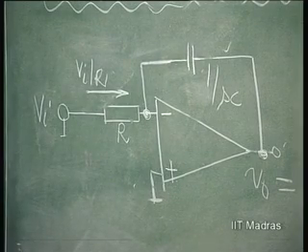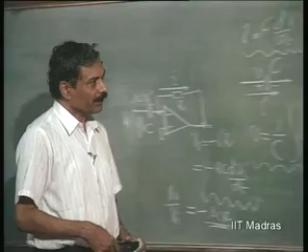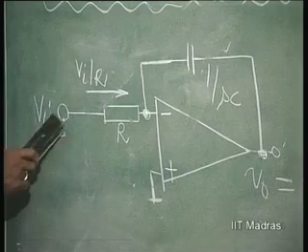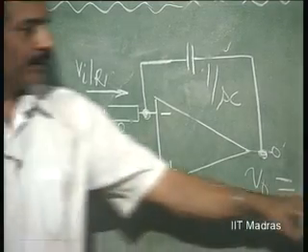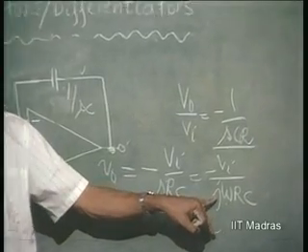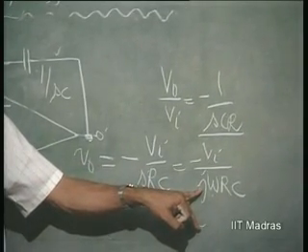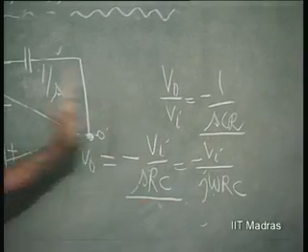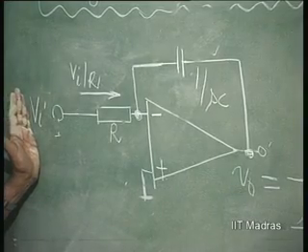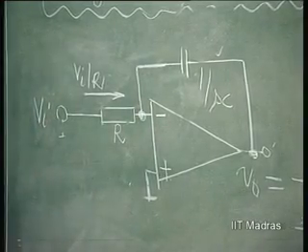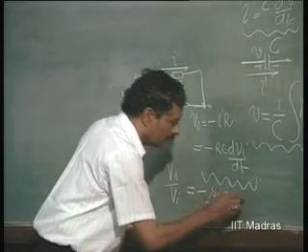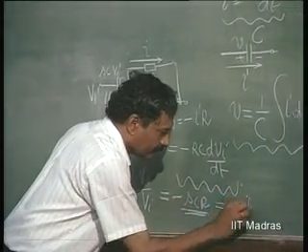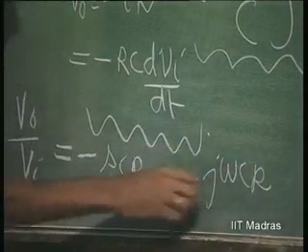We can also see what happens when I apply a sine wave here. You can see that there is a phase shift of 90 degrees. Because of j, there is a phase shift of 90 degrees between the output and the input. This is the case with the differentiator also. There is a phase shift of 90 degrees.